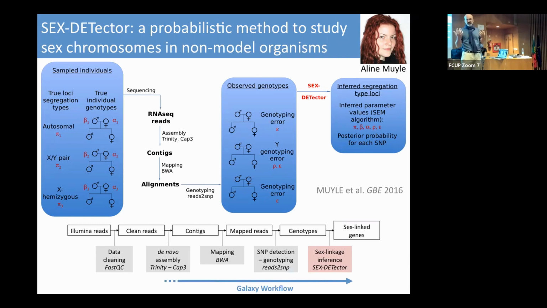If you don't have a reference genome, you can assemble a de novo transcriptome using the RNA-seq reads. Then you can map back the reads of each individual onto the reference, and you do the SNP calling. And this way you have the genotype of all individuals for all SNPs in your transcriptome. And then with the genotyping data, you can run SEX-DETector on them and get inferences on sex linkage.